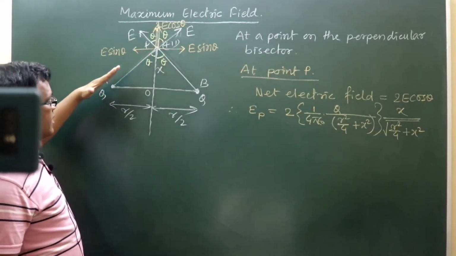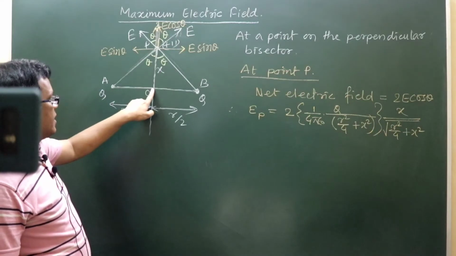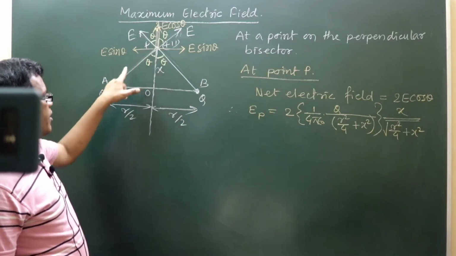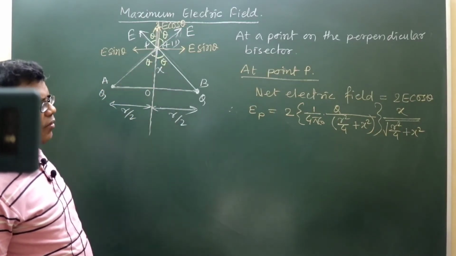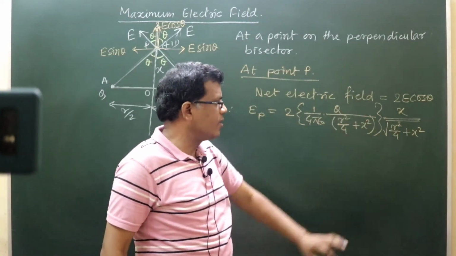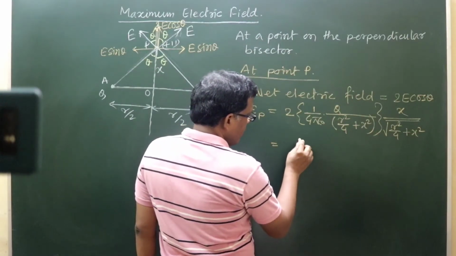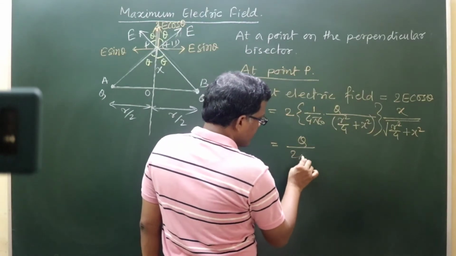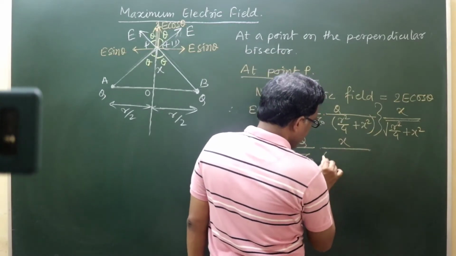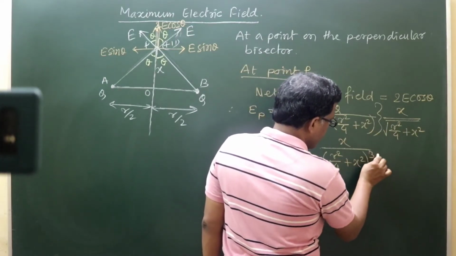This slant distance is the fixed charge and test charge separation. So the square of this means the sum of the square of this plus the square of this. Got it? And for cos theta it is base to hypotenuse, so I have written that. So the expression for E can be written as q by 2 pi epsilon 0, I can cancel 1, and then it will be x divided by r square by 4 plus x square whole power 3 by 2.